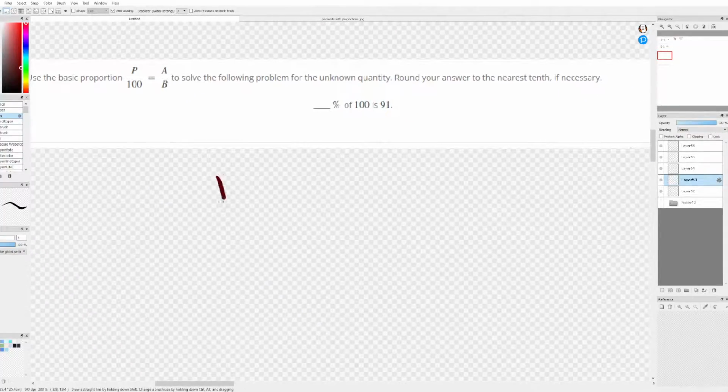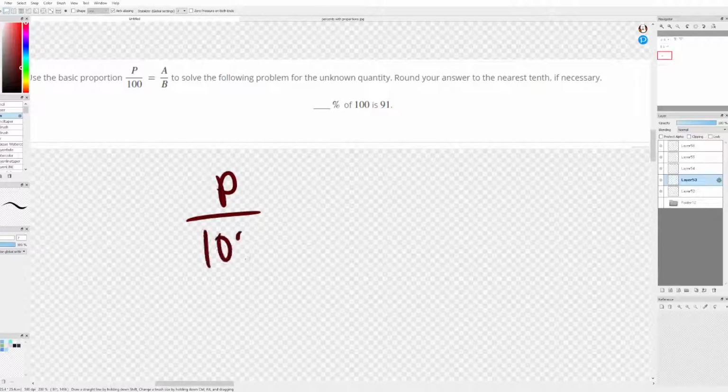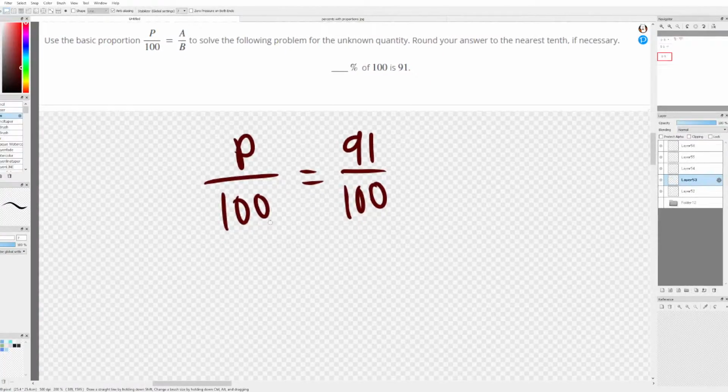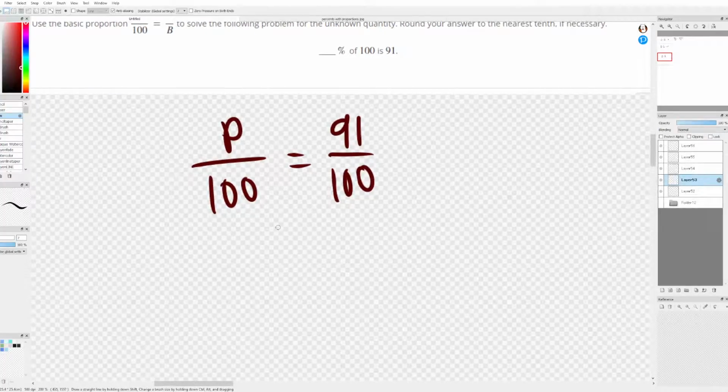This one is asking, what percent of 100 is 91? P over 100 is equal to 91 over 100, because of something is 91. So to get P, we want to get P by itself.